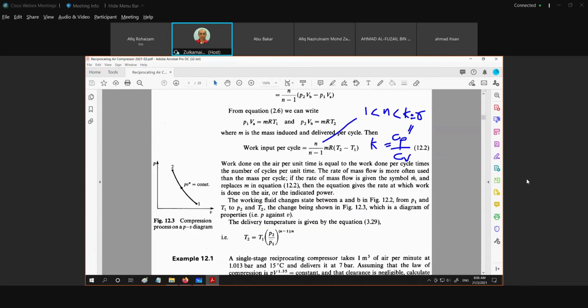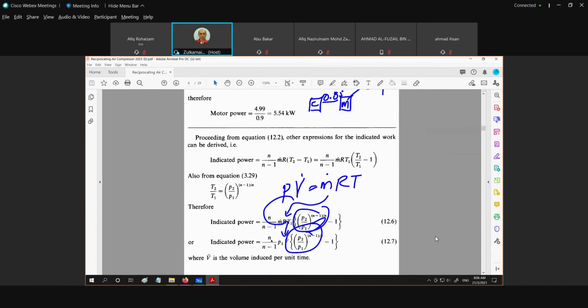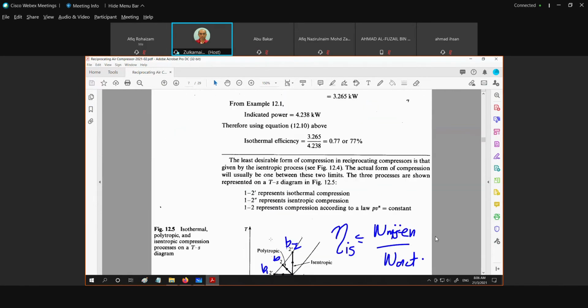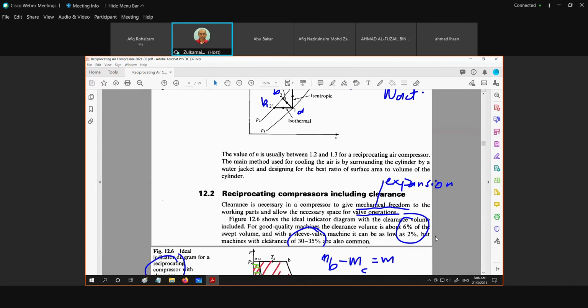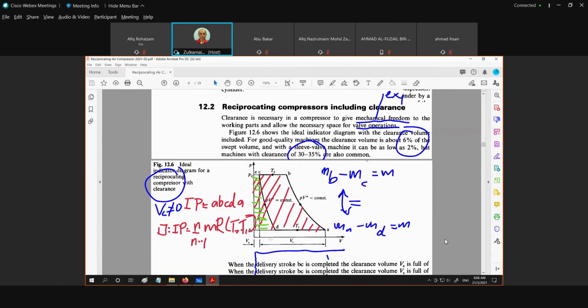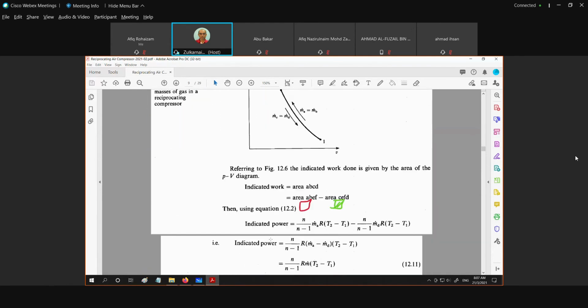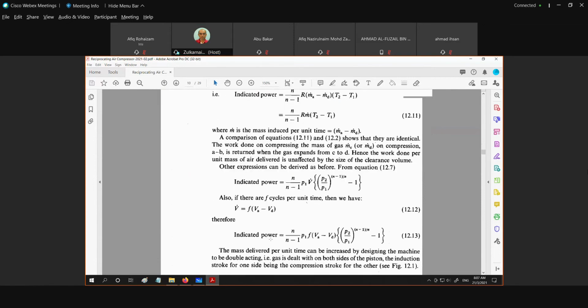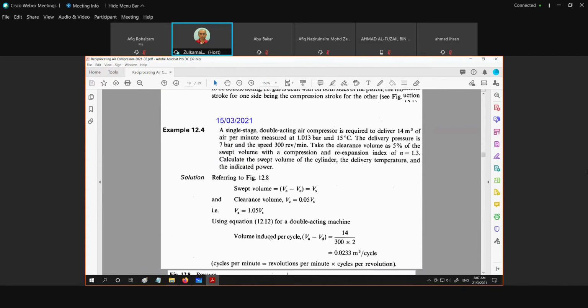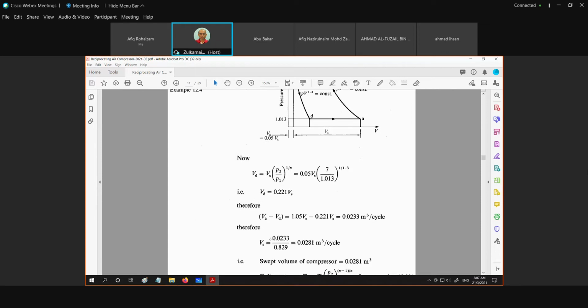So kita akan dapati VA tolak VD. So let us look what is the VA minus VD for the previous example. This is our VA minus VD. This is the one. Ini VD.